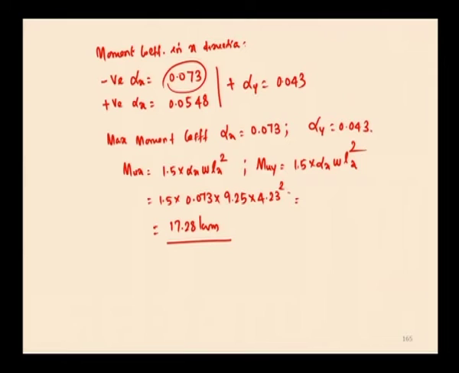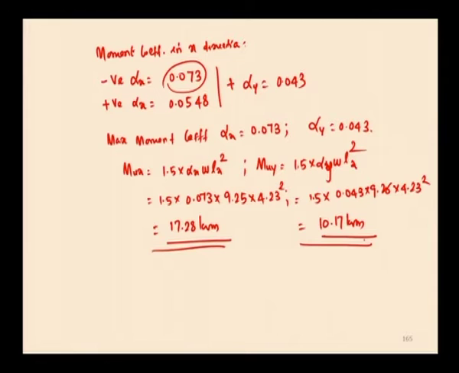Muy, that is 1.5 into alpha y, 0.043 into 9.25 into 4.23 square, here it is 10.17 kilonewton meter. So, among these two bending moments, the maximum bending moment, that is Mux, is used to calculate the effective depth of the slab.